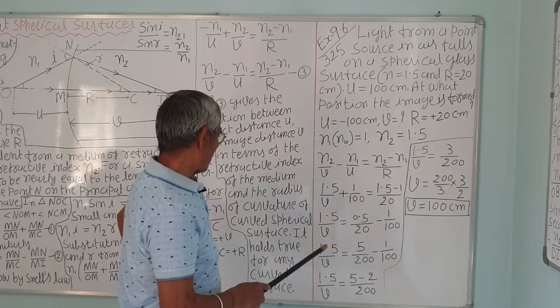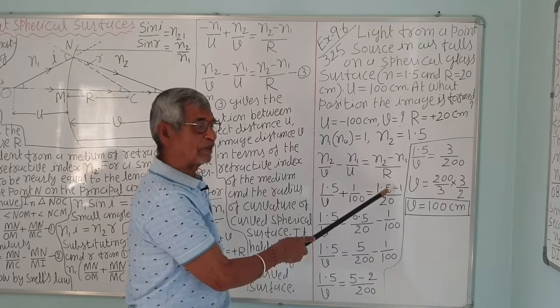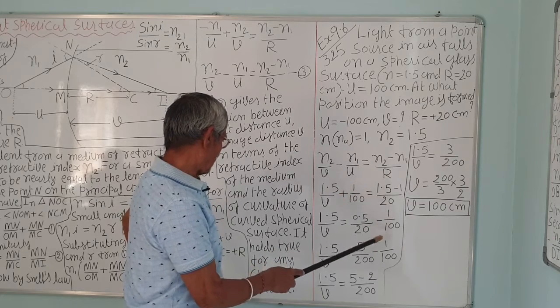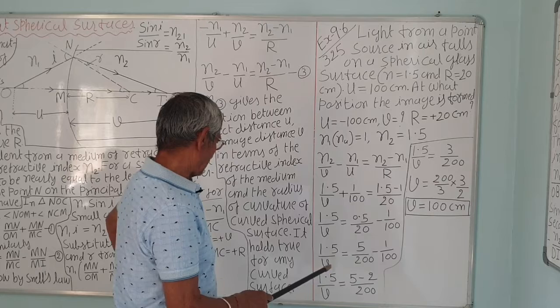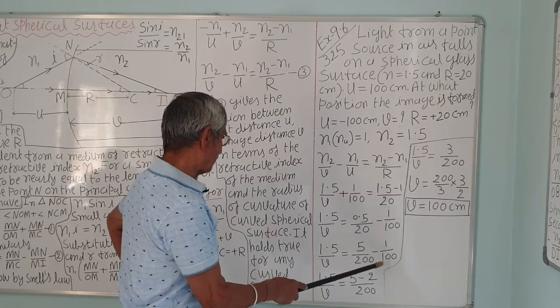So 1.5 upon v is equal to 0.5 upon 20 minus 1 upon 100.